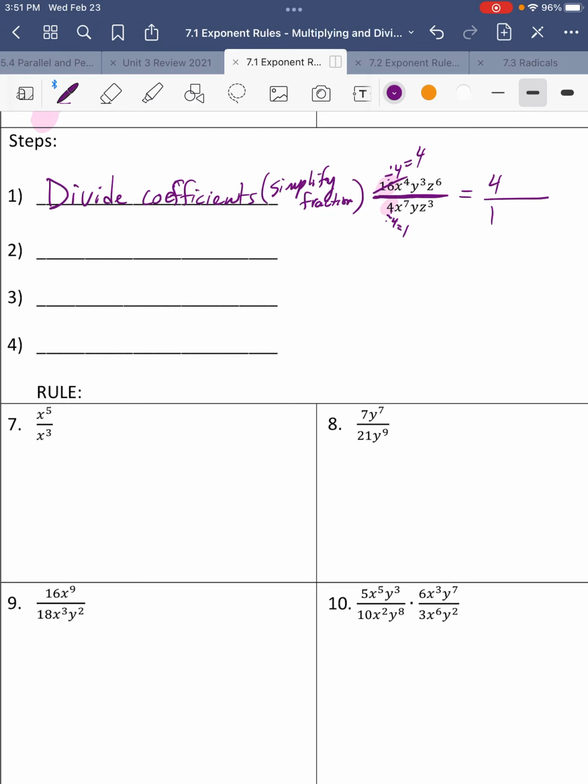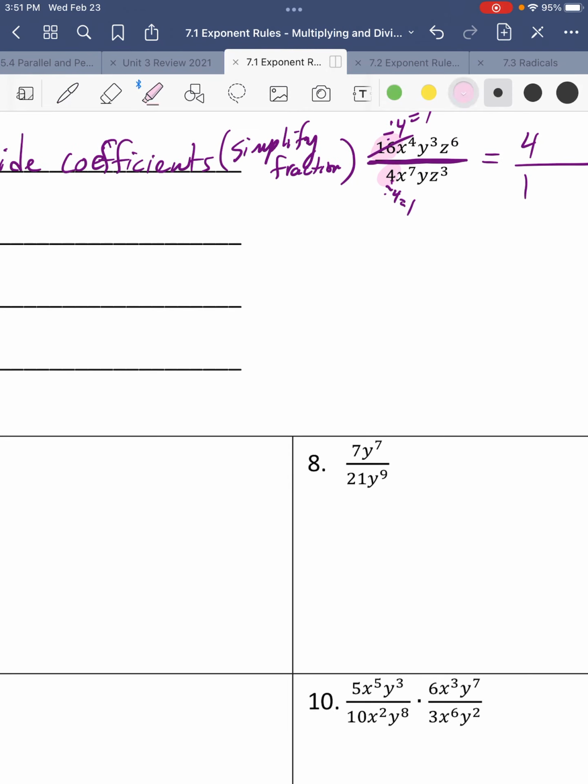We then are going to be using, with division, what I typically do is we're going to look at our x's divided by x's. So x to the 4th divided by x to the 7th. And the easiest thing to do to start out with this is write them out. X to the 4th means x times x times x times x.